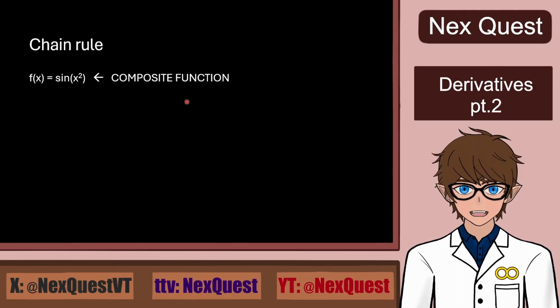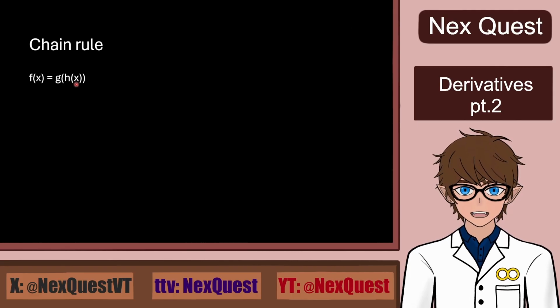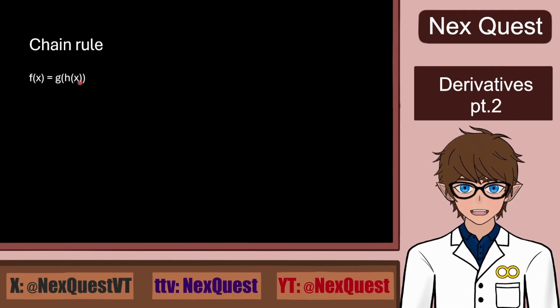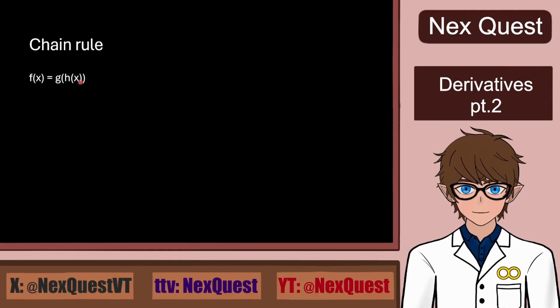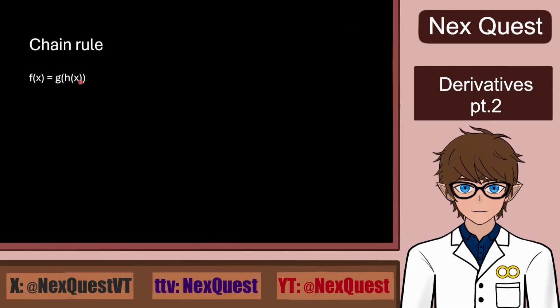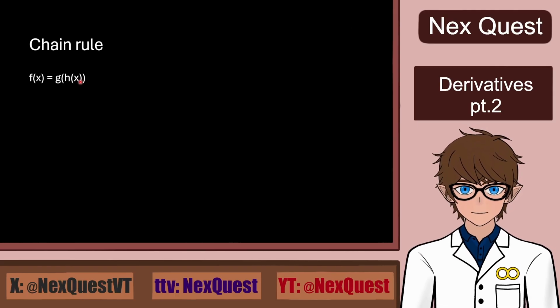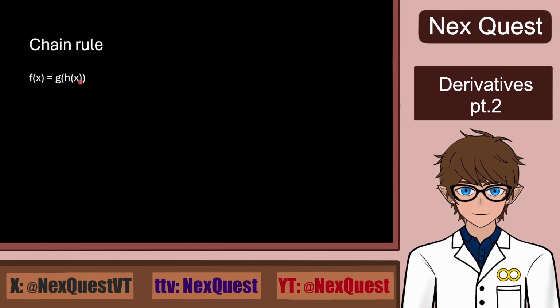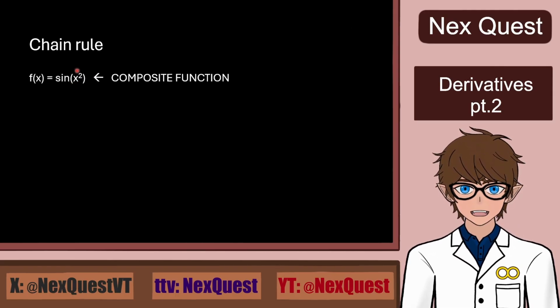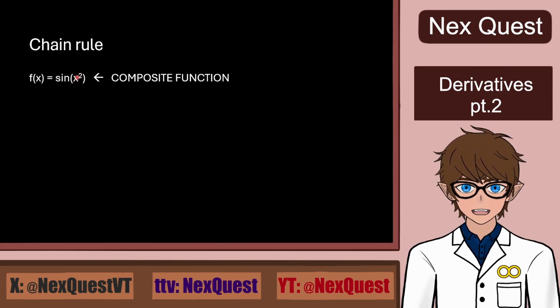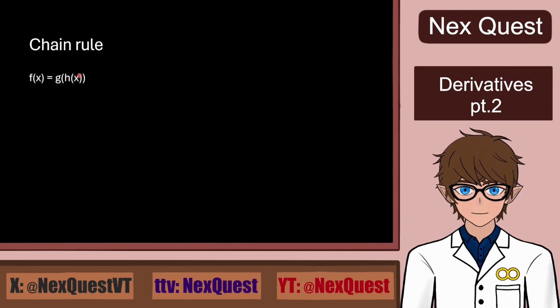Well, how do we find its derivative? Let's see. You will write it out as some g of h of x. So instead of x in g function, we have another function of x inserted as x. So back to the example, we inserted x squared inside of x inside of the sine.